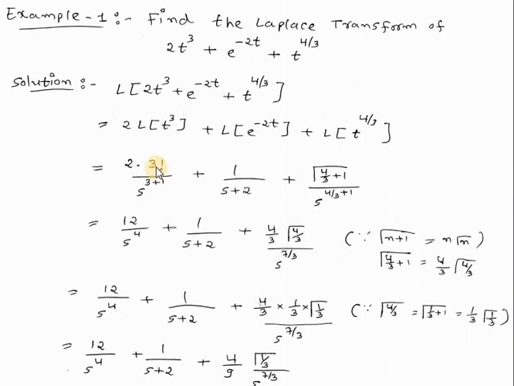Now here 3 factorial is 6, so 6 into 2 will be 12, 12 divided by s raised to 4, plus 1 divided by s plus 2, and here we will use this property gamma n plus 1 is equal to n gamma n. Therefore according to this property, gamma 4 by 3 plus 1 can be written as 4 by 3 into gamma 4 by 3 divided by s raised to 7 by 3.